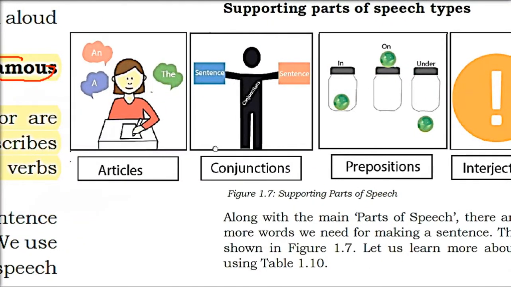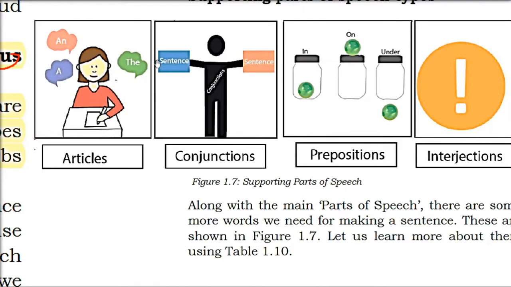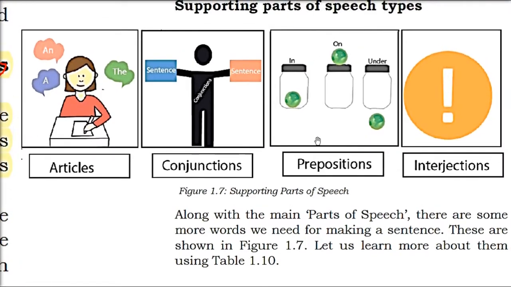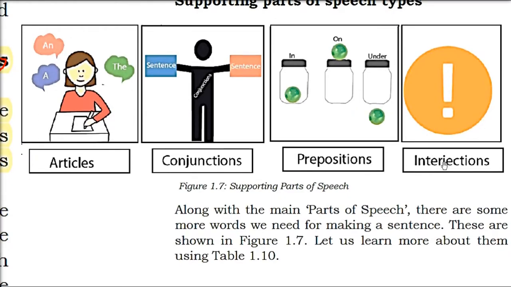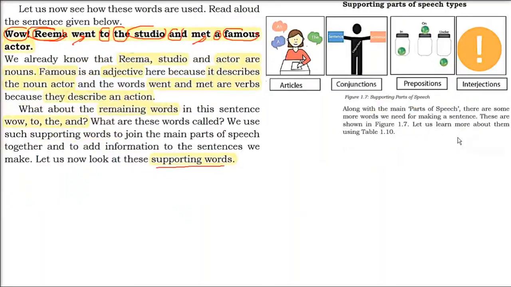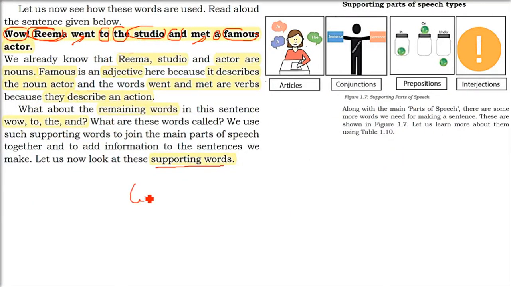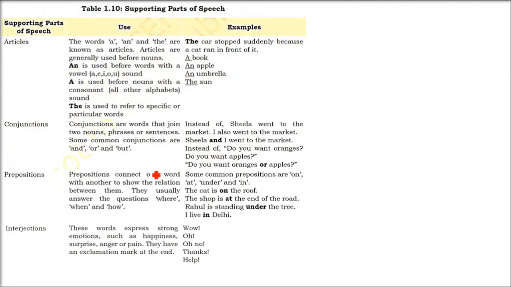Articles are a and the. Conjunctions combine sentences, clauses, phrases. Prepositions tell where something is: in, on, under. Interjections are emotions. They show emotion. Wow, you have an exclamation here. So "wow" is an interjection.